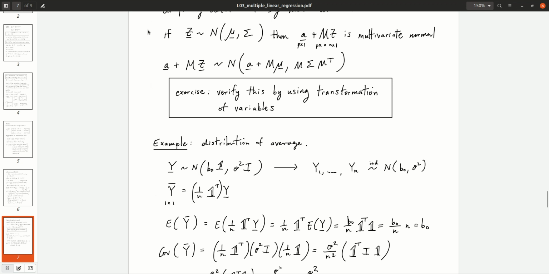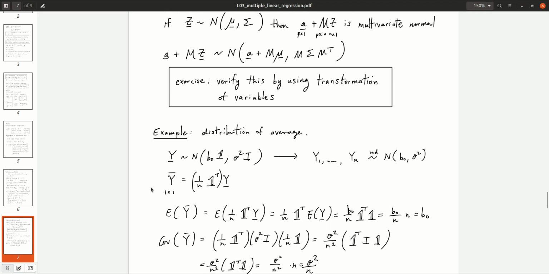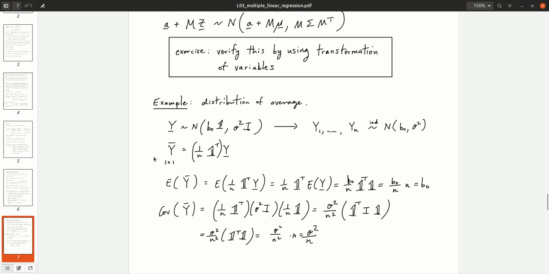So by this second property, this thing has a multivariate normal distribution, and therefore to figure out what its distribution is, we just need to figure out what the mean of this is and what its covariance matrix is. So the mean vector is really a scalar, and the covariance matrix is really going to be a 1 by 1 matrix giving the variance of this scalar random variable.